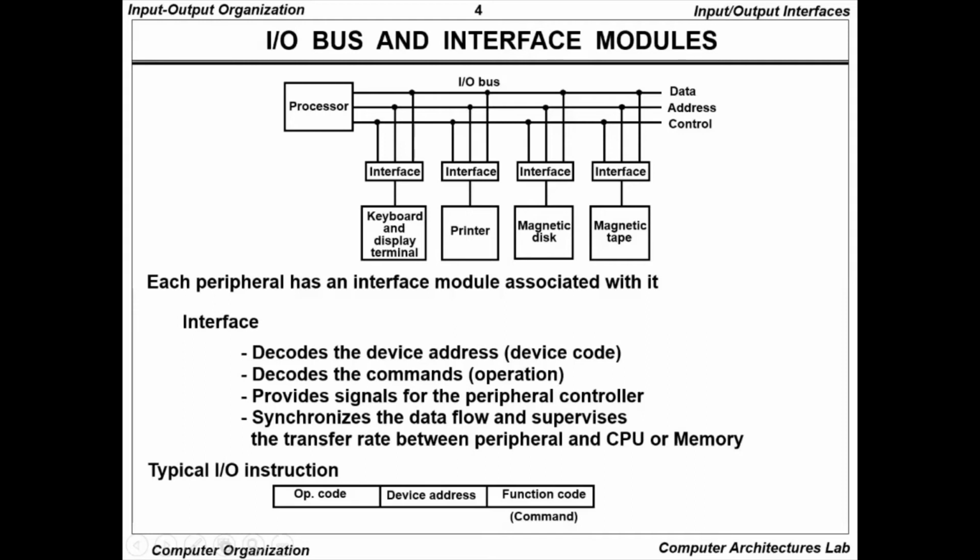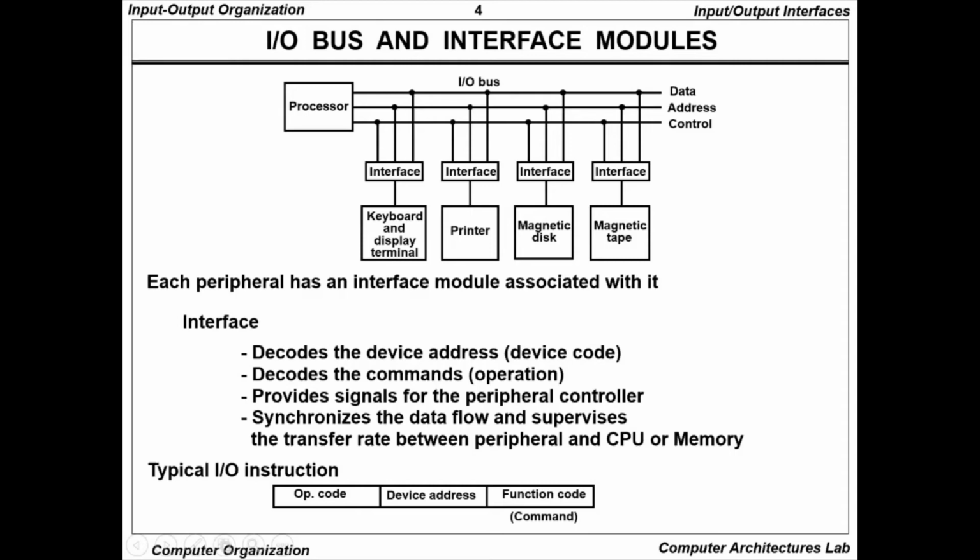Each peripheral has an interface module associated with it. The interface decodes the device address, device code, decodes the command operation and provides signals for the peripheral controller, synchronizes the data flow and supervises the transfer rate between peripheral and CPU or memory. So this is called the interface.